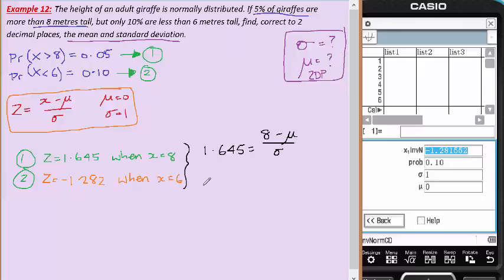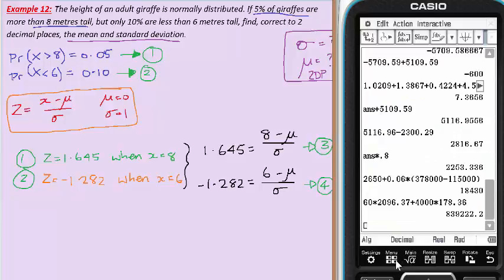And from the second equation, negative 1.282 is 6 minus the mean over the standard deviation. Now let's number them, as all good mathematicians would do. This is equation 3, this is equation 4, and we're going to set up some simultaneous equations.